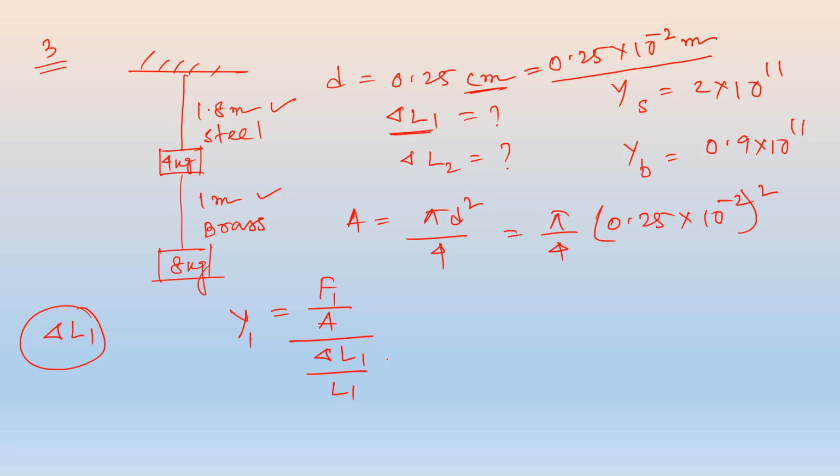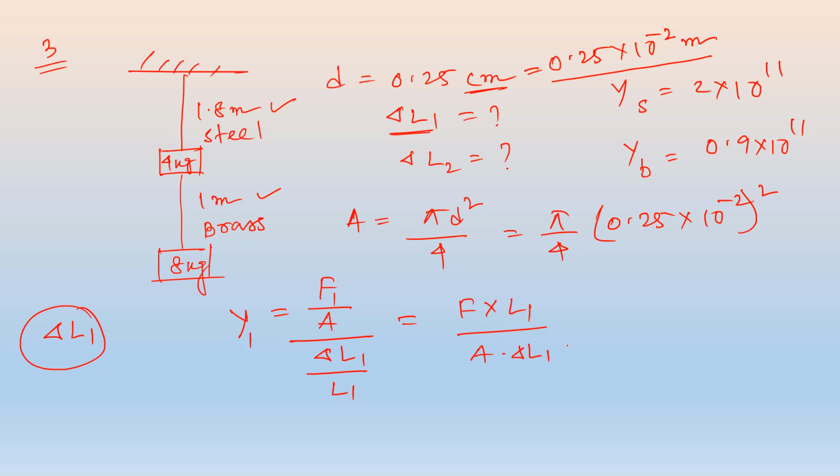Why have I not given the area as A1? Because the area is the same for both wires, as the diameter is the same. Now in this case, it can be simplified as F into L1 divided by A into delta L1. Sorry, just move to the next slide. Now I hope the screen is visible for everyone. It just comes back.